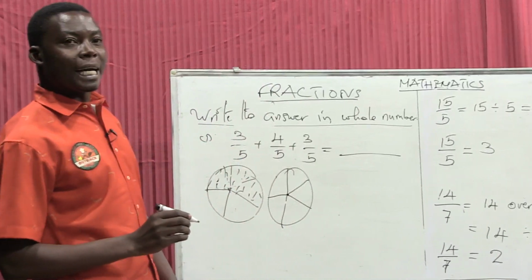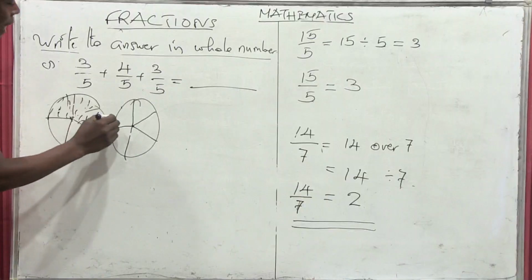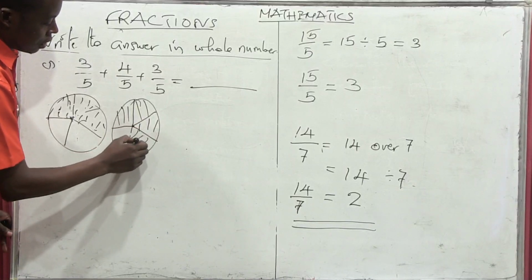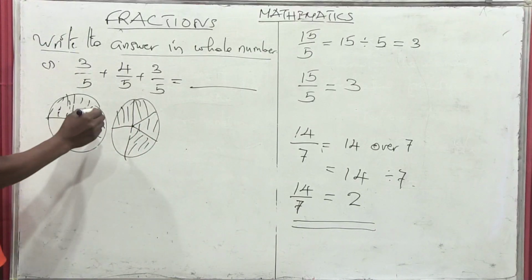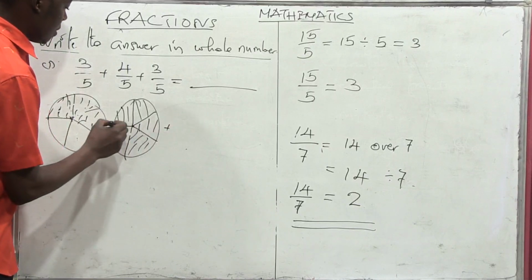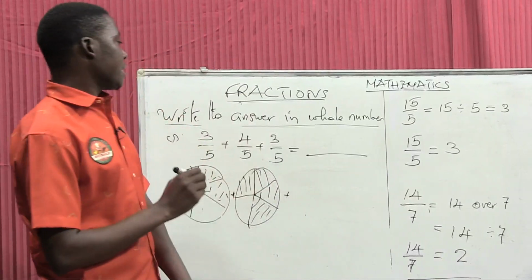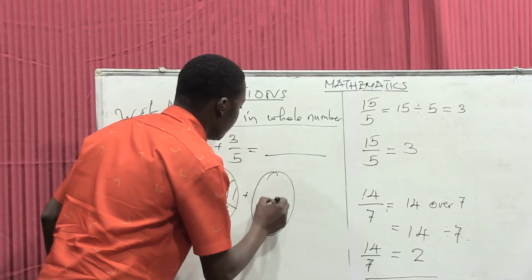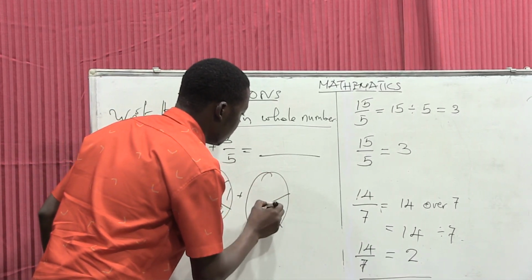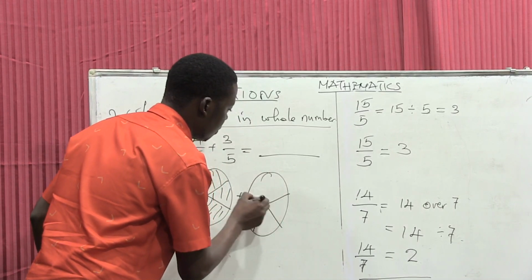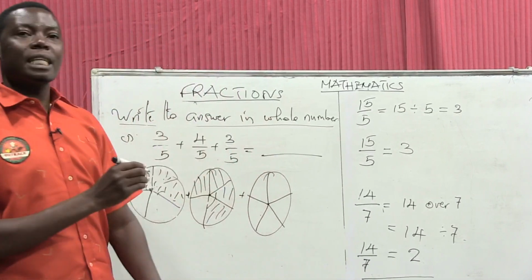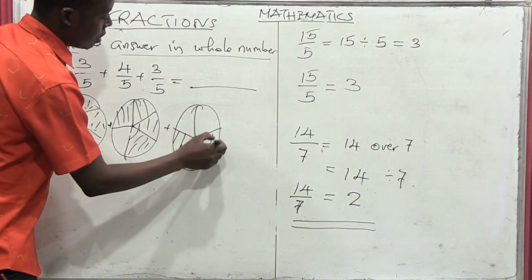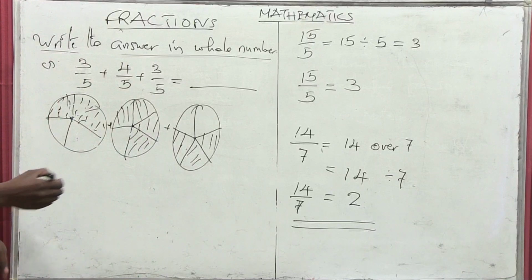Here, how many parts have been taken out? 4 parts. Then plus this one. How many parts have been taken out? 3 parts. 1, 2, 3. Is it?